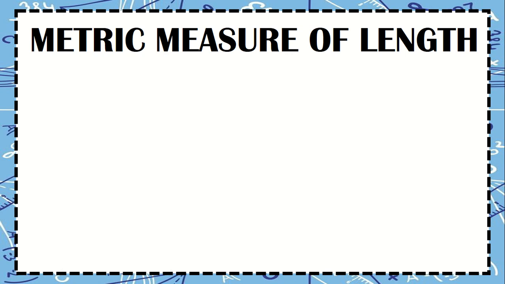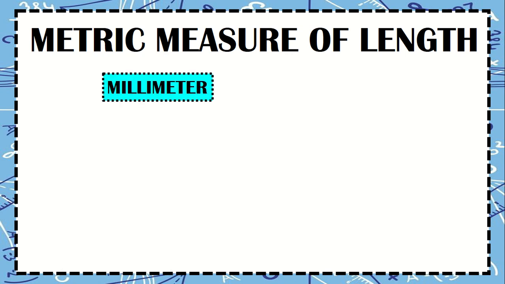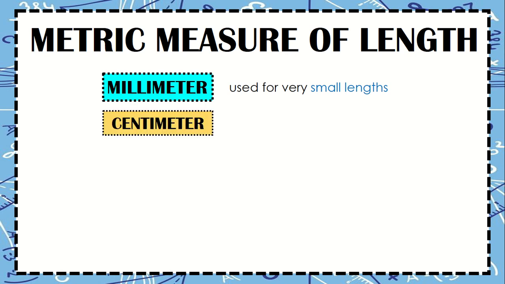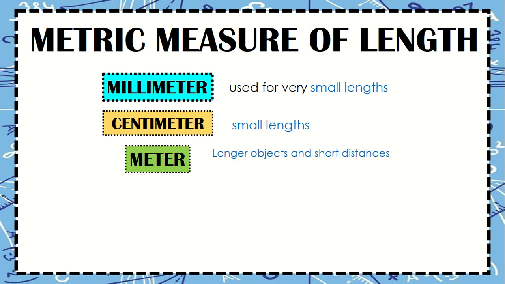Let's proceed sa ating metric measure of length. So, tandaan natin na ang milli ay used for very small lengths. Centimeter is used for small lengths and meter is used for longer objects and shorter distances. For example, you are going to buy a soap. Gagamitin ni mama mong maglalaba.